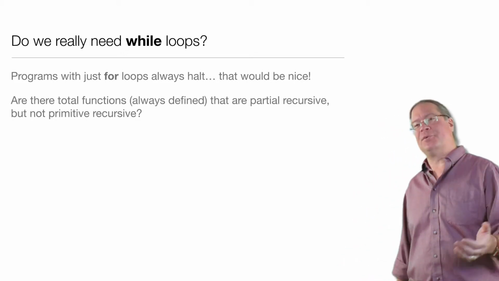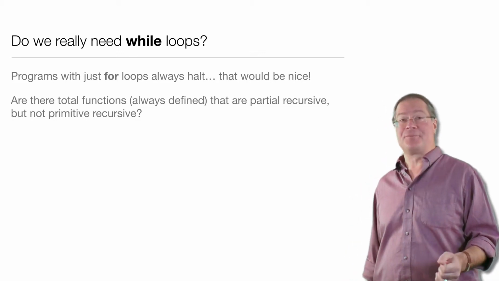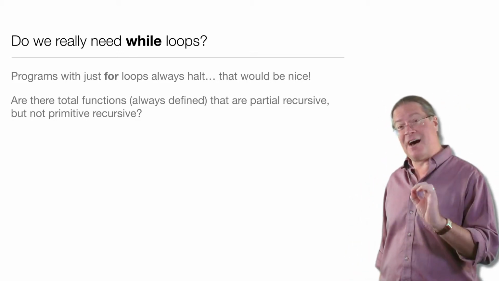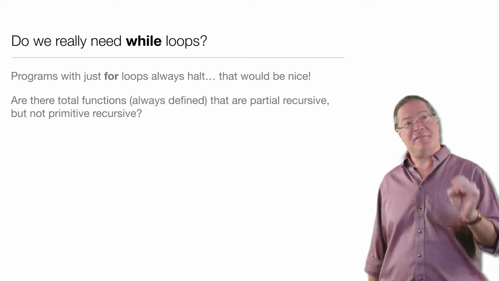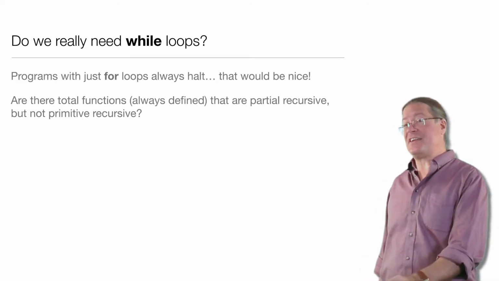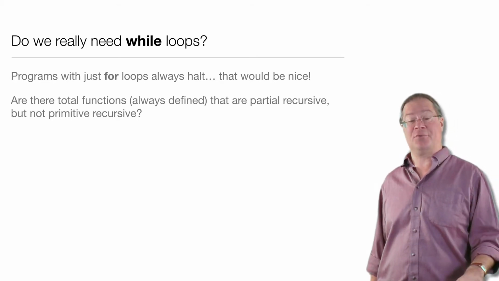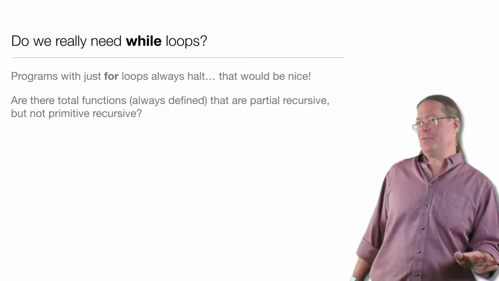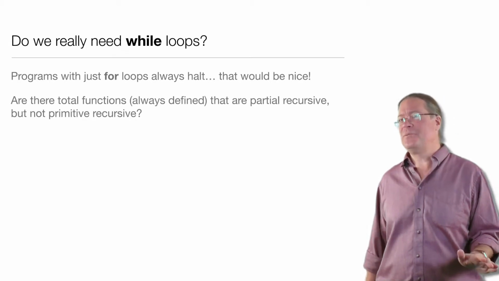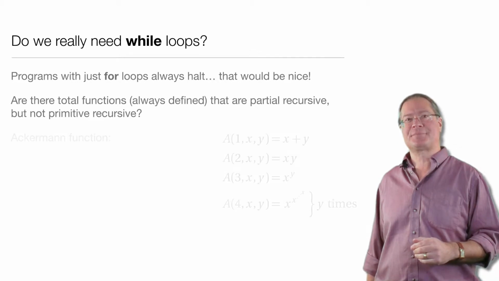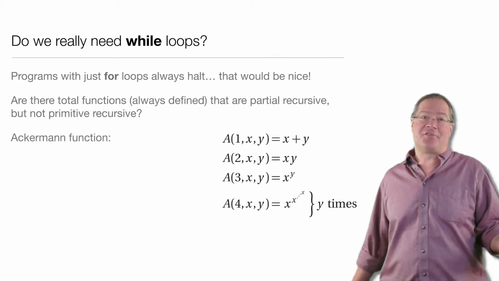Imagine a kind of crippled version of your favorite programming language, which has for loops and composition and so on, but it does not have while loops. Imagine if every time you began a loop, you had to state in advance how many times it's going to run before it halts for sure. Would you be able to compute all the things we want to be able to compute in that language with the missing while? In fact, the answer is no.